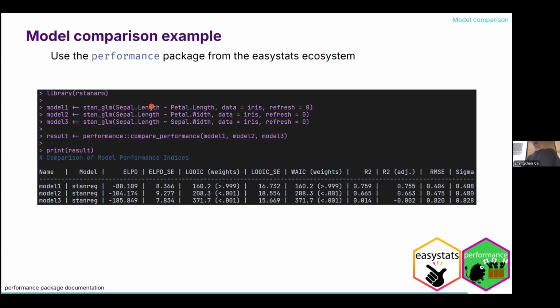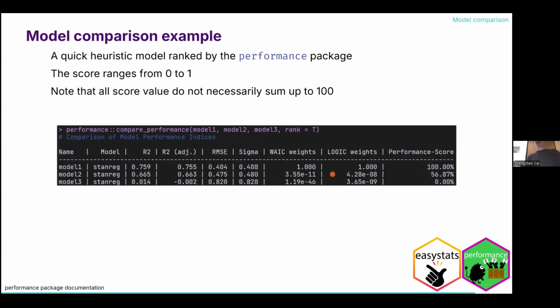Regression model using rstanarm is a similar package to BRMS. I also use this syntax to simplify the model specification. And then you call this function. It will give you a summary, like a monster summary with all types of evaluation metrics, right? And if you want, you can even rank the models by setting rank equal to true.